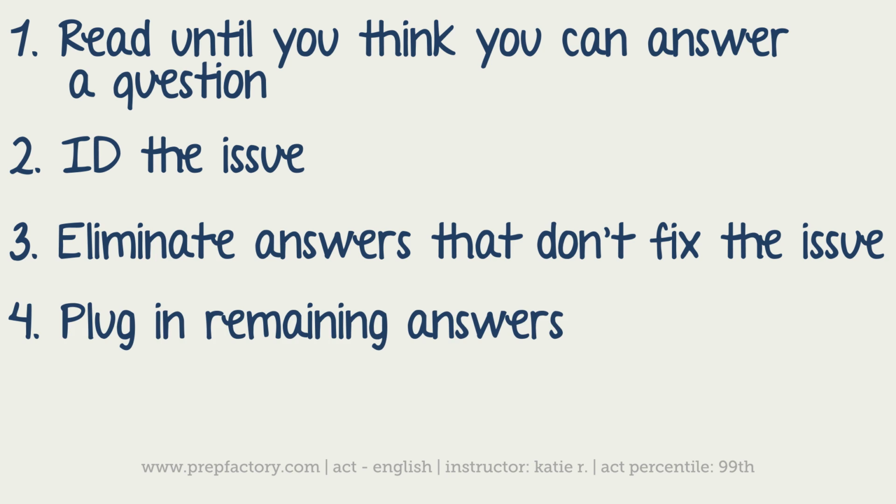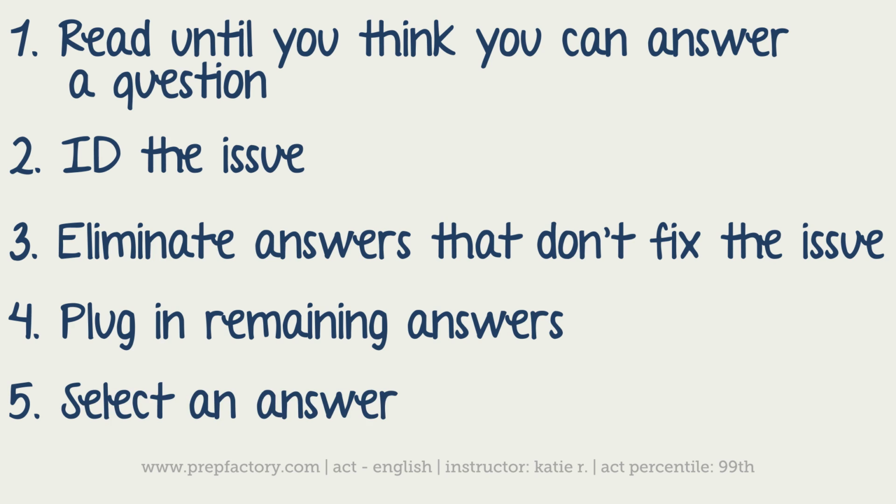Next step, if you still have a couple answers, is you can plug them into the actual sentence and see how they sound. A lot of times if you just trust your ear, you're going to be able to hear that there's a problem, even if you might not technically know what that problem is. And once you've dealt with that, you can go ahead and select an answer and then keep reading until you think you can answer the next question.